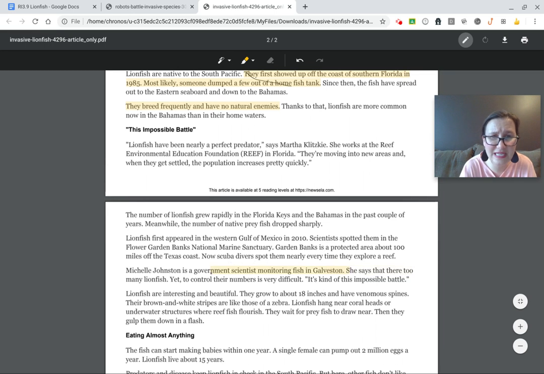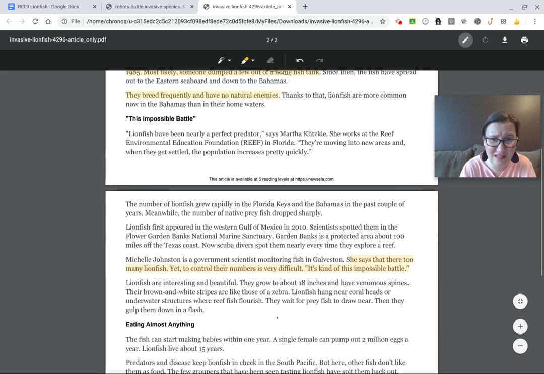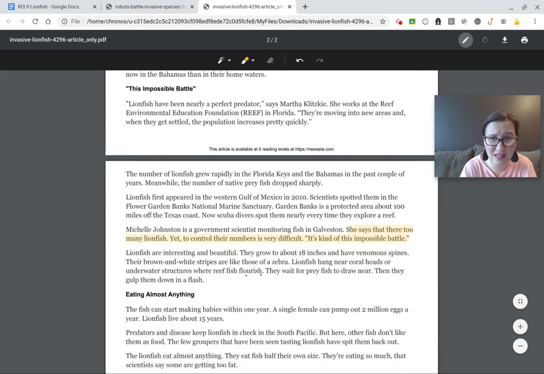She said that there's too many lionfish and it's difficult to control their numbers. And they have been eating lots of the fish that live on the reef. So let's go ahead and add that to our details.